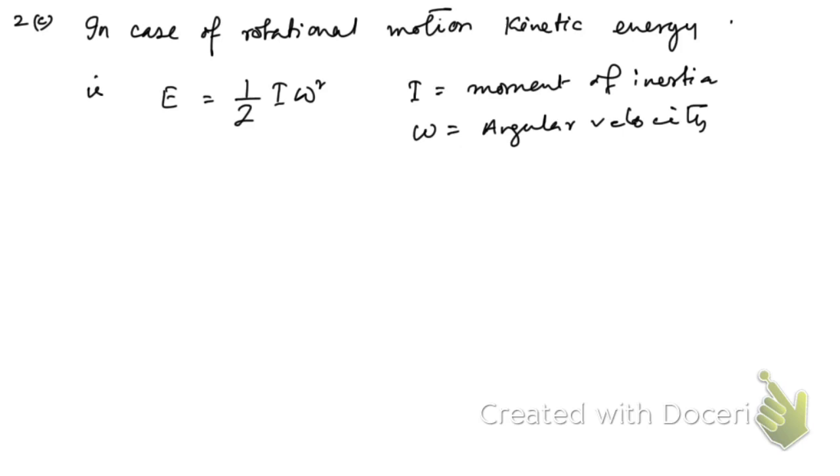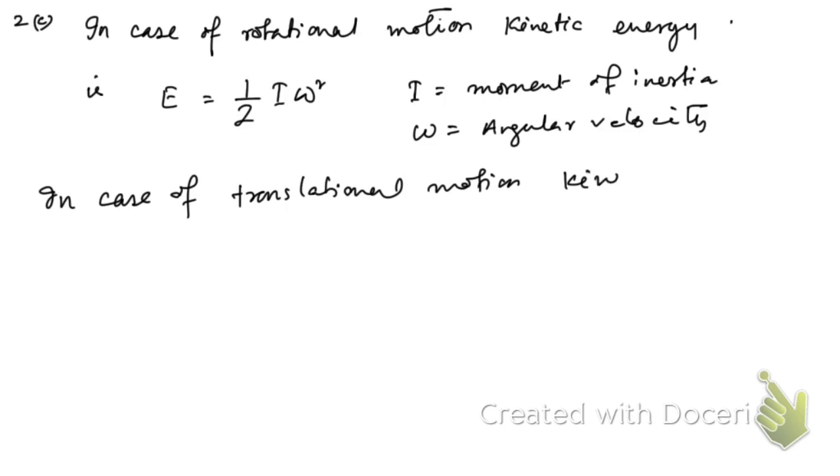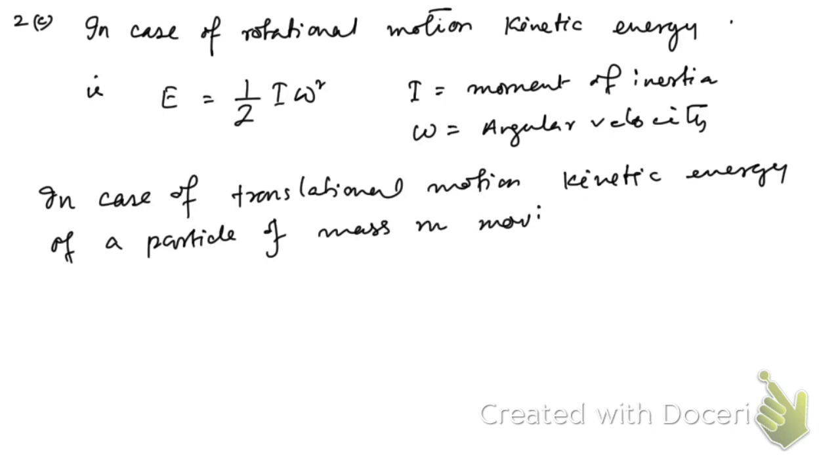And in case of translational motion, the kinetic energy of a particle of mass m moving with velocity v is given by half m v square.